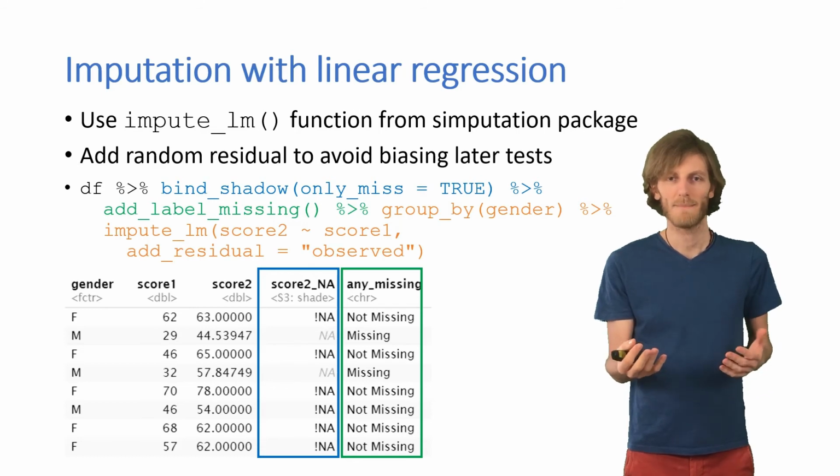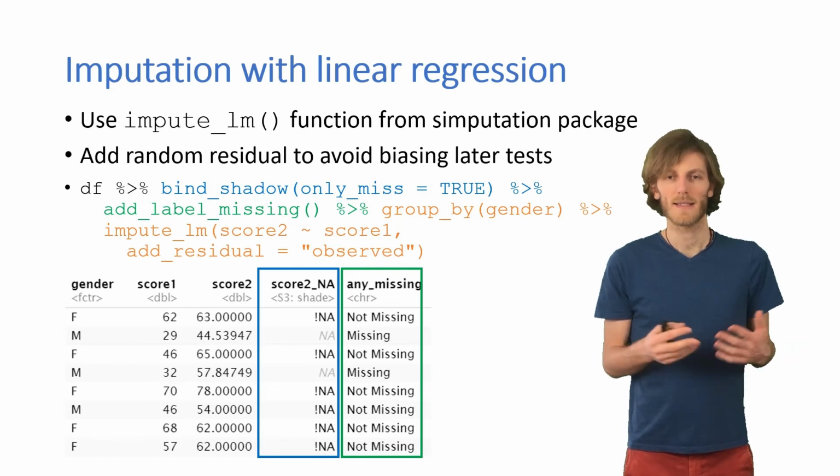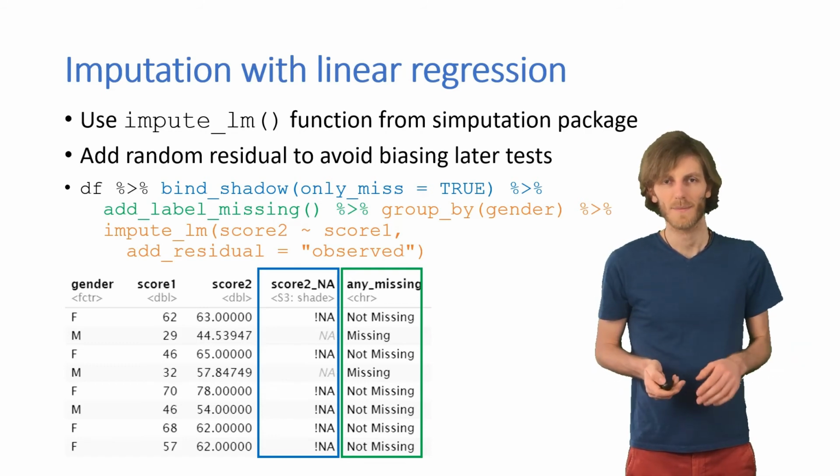What it does is it picks one of the residuals and adds it to the predicted value. That just keeps the average size of the residuals intact.